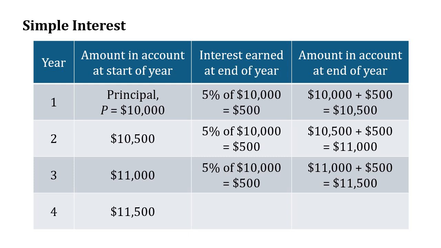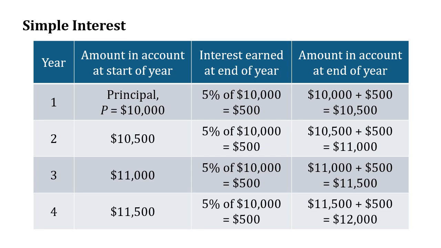This is what we start off with at the start of the fourth year. Once again, because this is simple interest, we take 5% of the principal amount, and at the end of 4 years, that's what we have in the bank account, including interest.